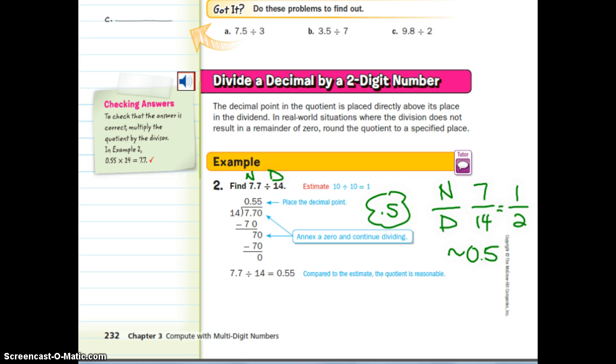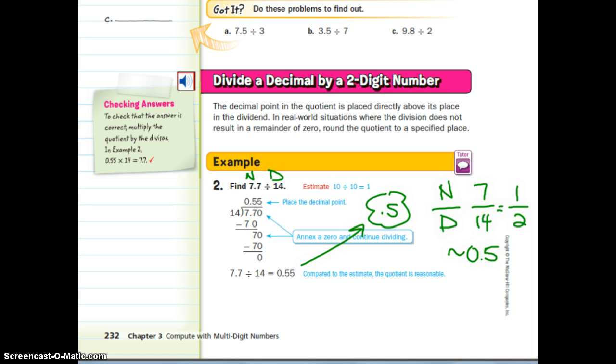Remembering the first number is the numerator, the second number is the denominator, and down denominator don't go into den. So again, number placement is so very important. So 14 goes into 77 5 times. It's a 70. Subtract, you get a 7 and bring down a 0. 14 goes into 70 5 times. So your answer is 0.55, and we had guessed 0.5.